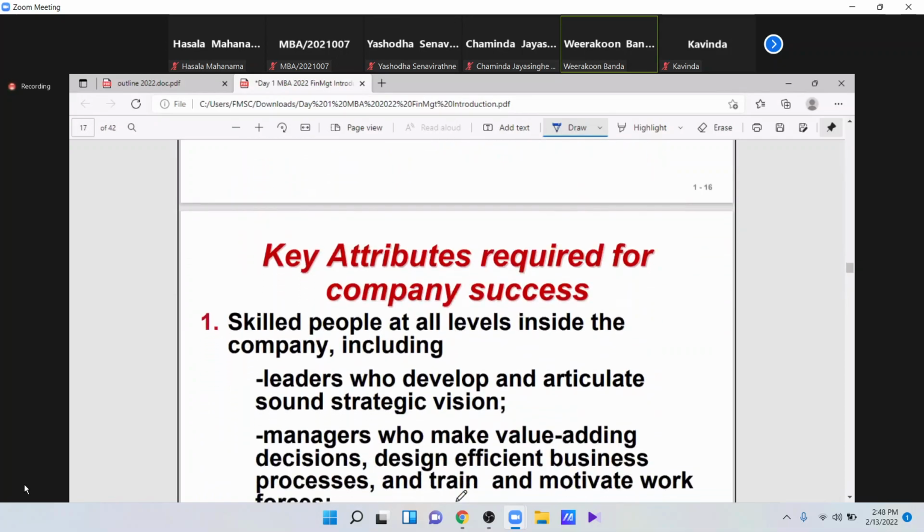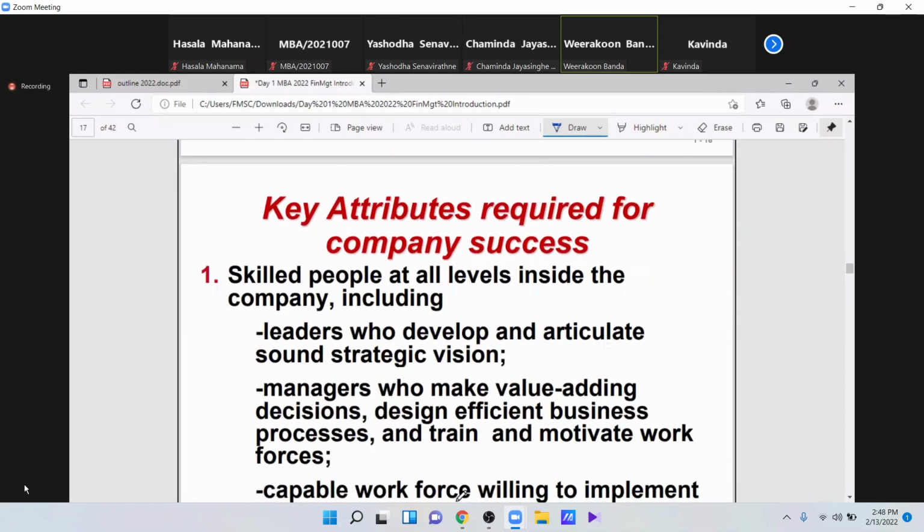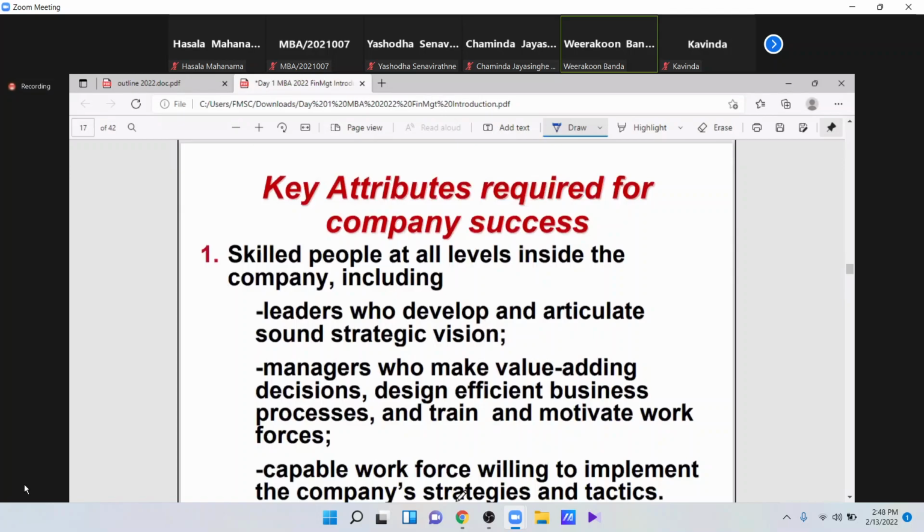Key attributes required for company success. One is skilled people at all levels inside the company, including leaders who develop and articulate a sound strategic vision. Inside the company there are different levels: top level, medium level, and lower level, and there are skilled people.